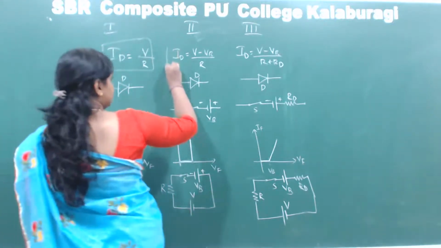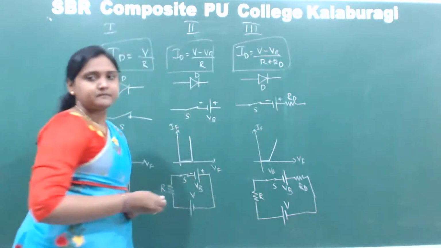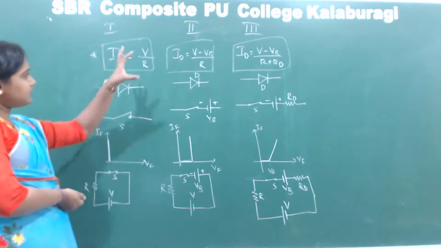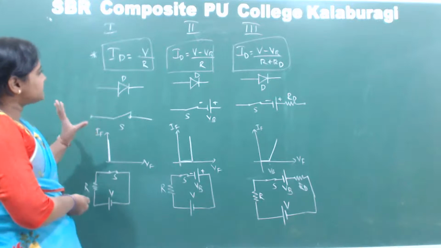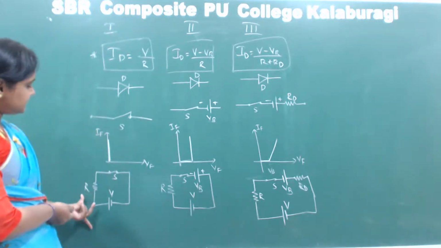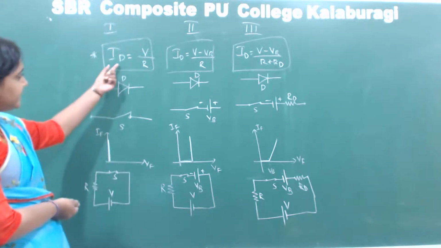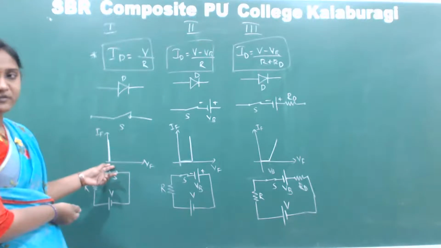That's why this expression and this expression for the second and third approximation. Right? So this shows all the approximations. This particular comparison shows all the approximations. This circuit, where the diode is just replaced by a switch. That's why ID is equal to V by R. This is the graph with respect to the response for the forward bias.